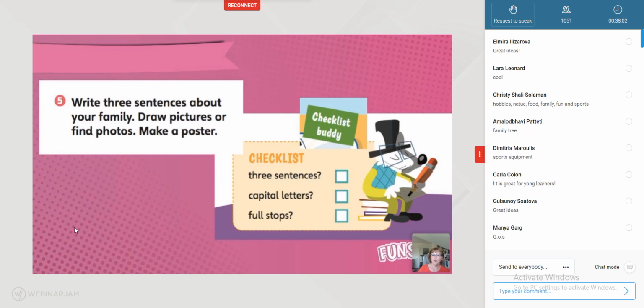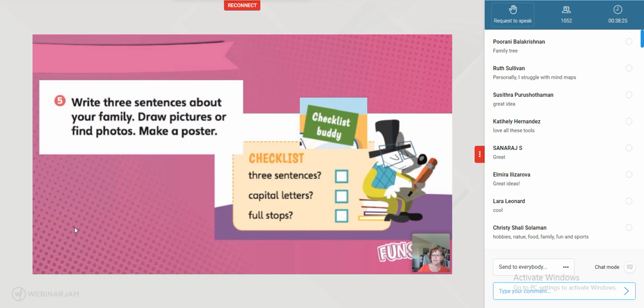And then what we use a lot in Fun Skills, and I use a lot myself when I'm doing writing with students, is we have the checklist buddy who is giving them some tips, some hints to say, have you followed the instructions? Is your writing what you were asked to write?